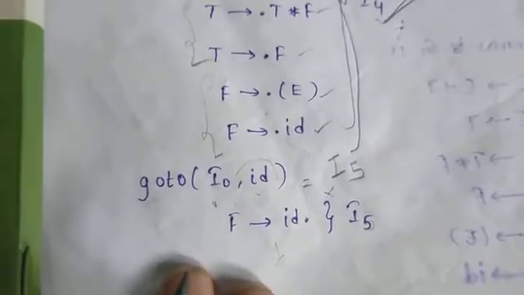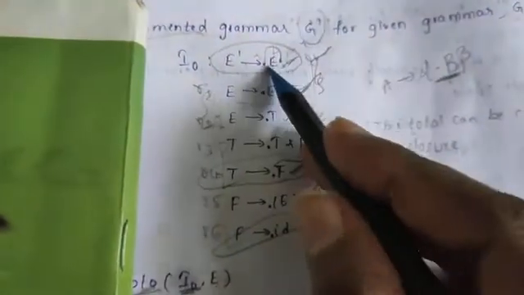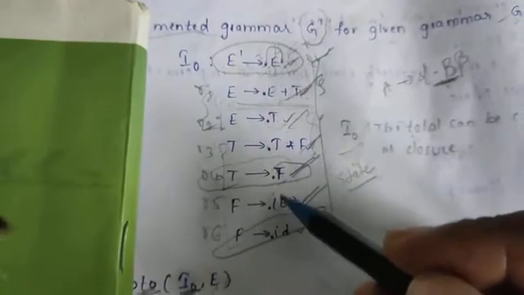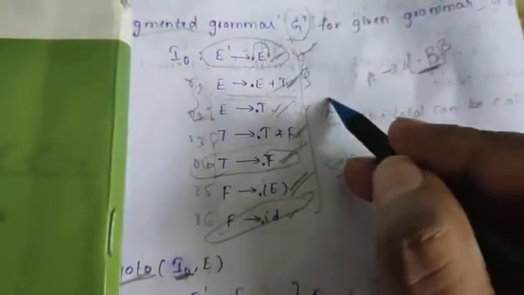So that's the reason we are not placing anything below this one. So this should be indicated as I5. So goto of I0 comma ID equals I5. Up to now we have completed this entire I0: the first one, second, third, fourth, fifth, sixth, seventh. So finally I0 is completed.